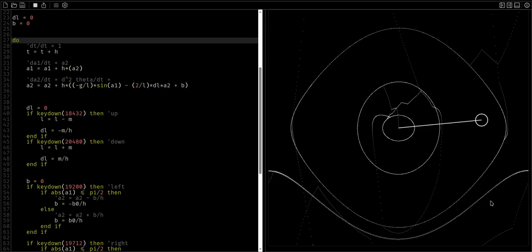Tracing out this curve, the sort of eyelash to the eye, and let's just use the driver to reverse its direction.